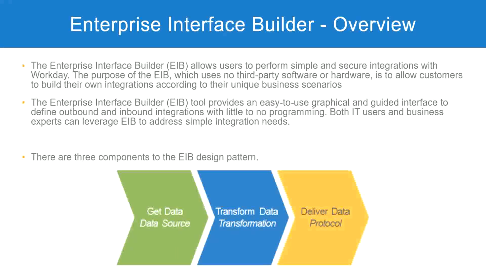Where are we going to get the data from? That is something we have to configure. Do we need transformation? If yes, configure that. If no, leave it blank. And then deliver the data. How are we going to send the data to an external system? So we have to configure that as well. So once we do these 3 steps, our EIB is ready.